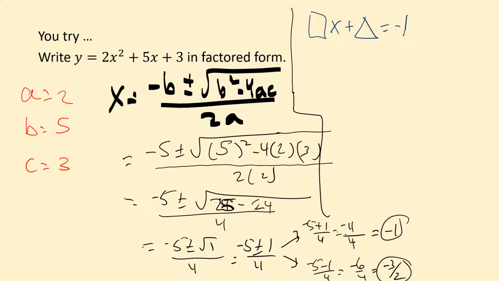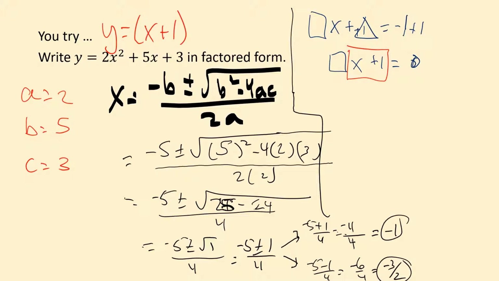So in order to get that negative 1 equal to 0, I'm going to add 1 to both sides of the equation. When I do that, I get some number times x plus 1 equals 0. Now I ask myself, are there any fractions there? No, there aren't. So that is one of my factors, the quantity x plus 1.